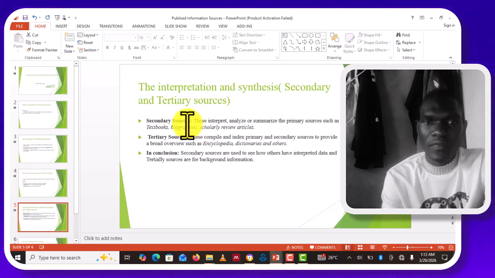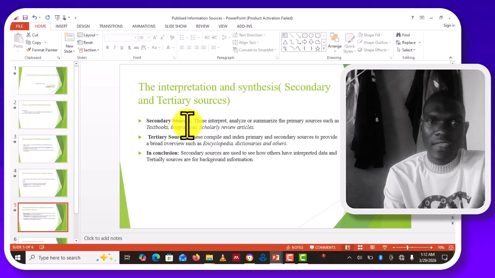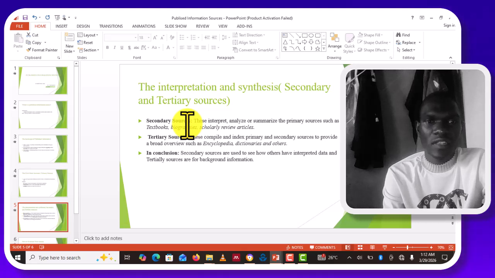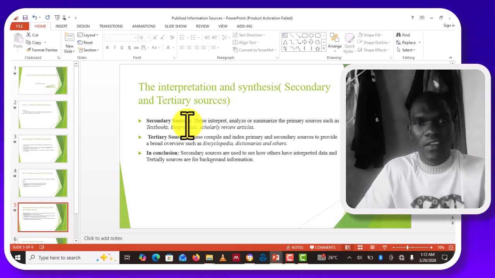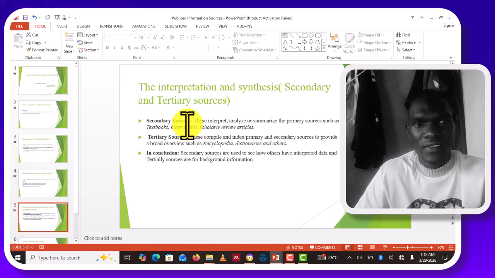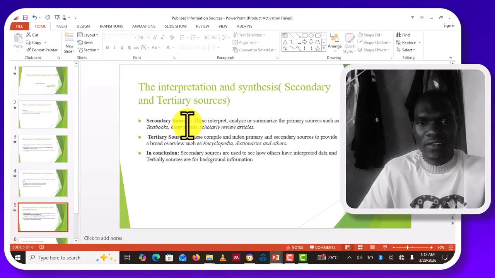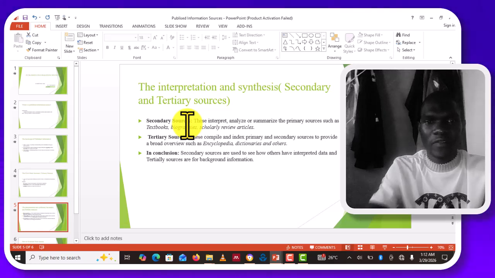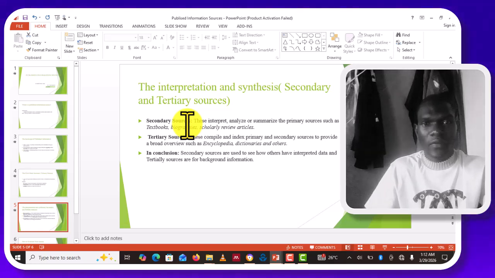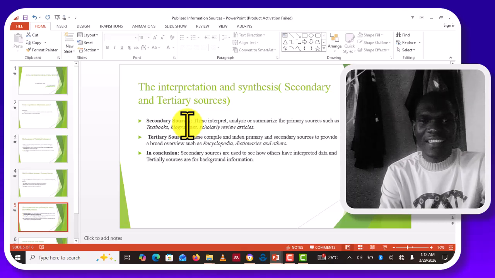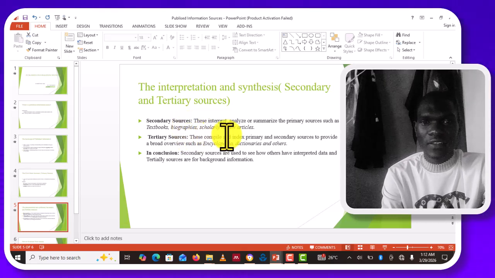Secondary sources interpret, analyze, and summarize the primary sources, such as textbooks, biographies, and scholarly review articles. Tertiary sources compile and index primary and secondary sources to provide a broad overview, such as encyclopedias, dictionaries, and others.